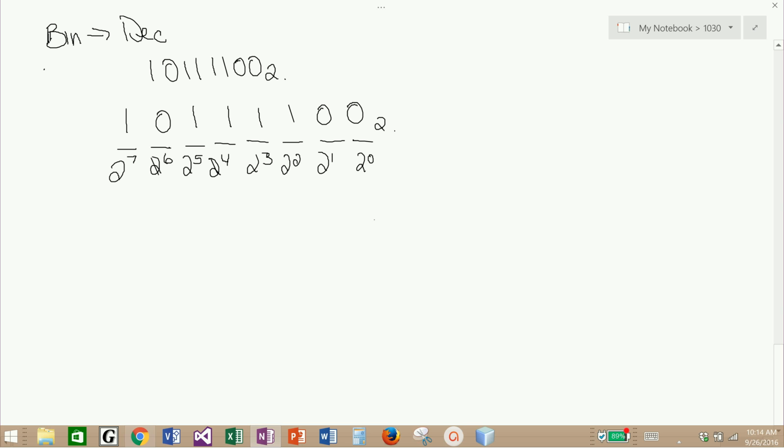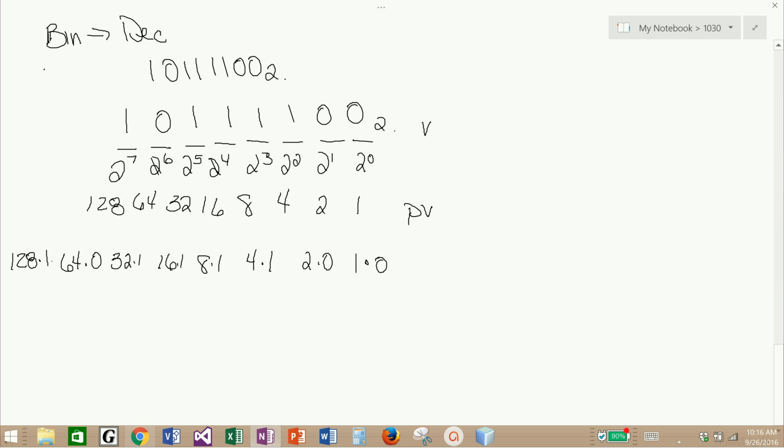Once I have the positional values written down, I'm going to calculate each one of those. So I have all of the positional values, and then I'm going to multiply the positional value by the value that happens to be sitting in that place. Once I have those values written down, I'm going to add all of those products together, and let's see what we can get.